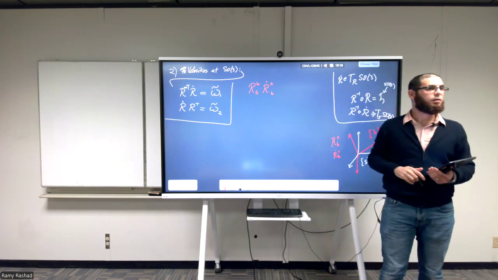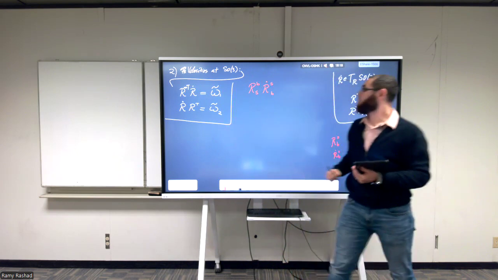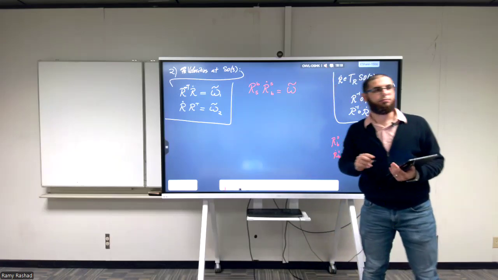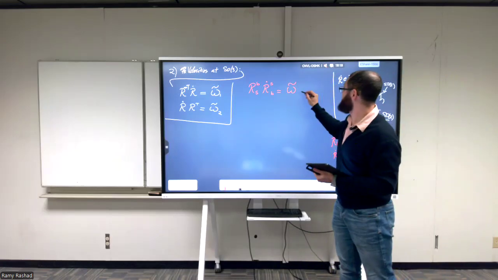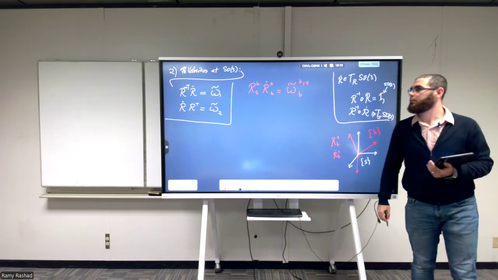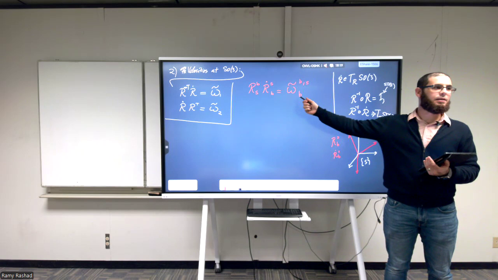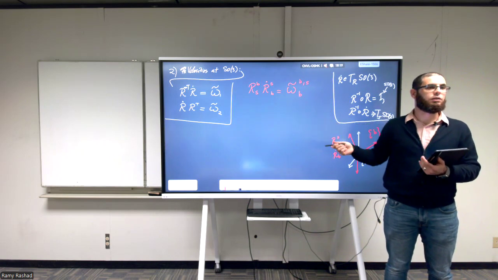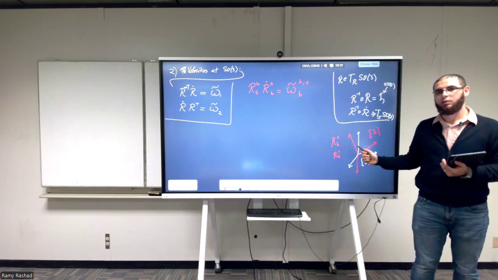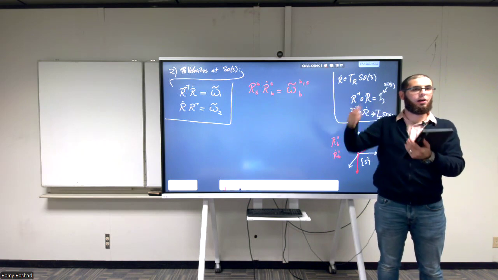So what I wrote here is this part. The result is some angular velocity matrix that is B with respect to S expressed in B. This is a skew-symmetric representation of what we're going to call the angular velocity. So this is the angular velocity you're used to, of frame B with respect to frame S expressed in frame B.